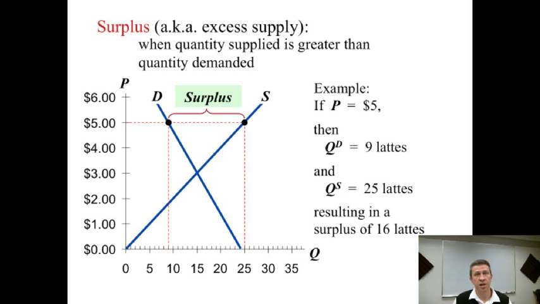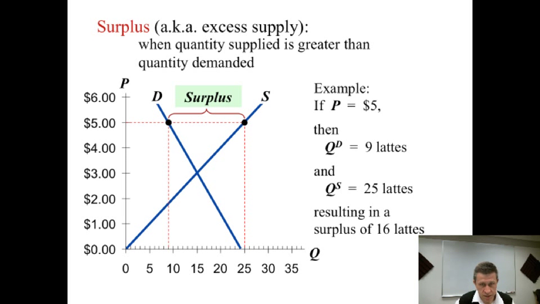I'm guessing most of you have enough experience in the real world to think that sellers lower the price, and you'd be absolutely right. On top of that, savvy buyers should realize, wait a second, these sellers have way too much. I'm not going to spend the $5 on this anymore. I'll offer a little bit lower.